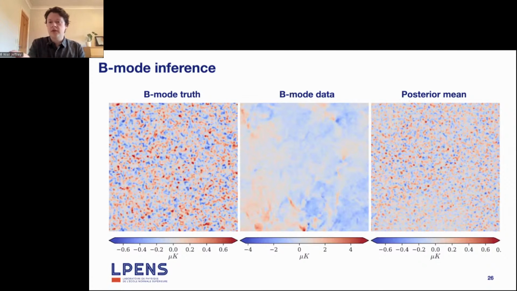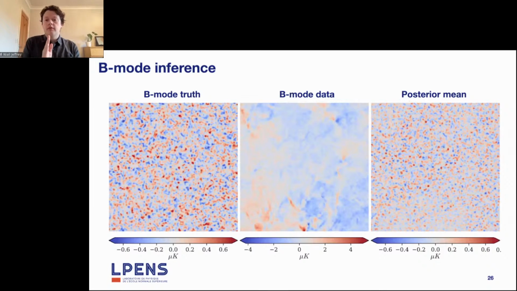So we're seeing exactly what you would expect: when you have a lot of foregrounds, as you do in the bottom left, you can see a lot of foreground power, then we end up with a suppression in the power of the posterior mean.